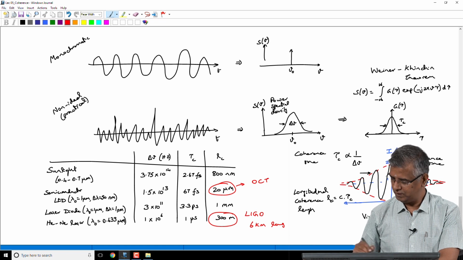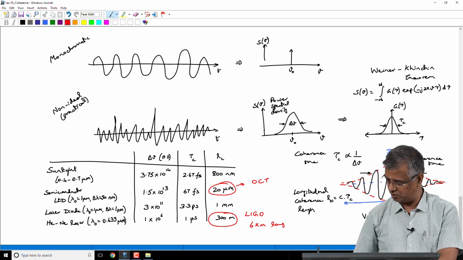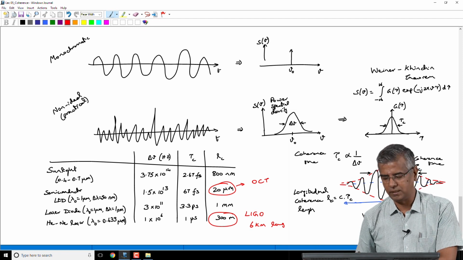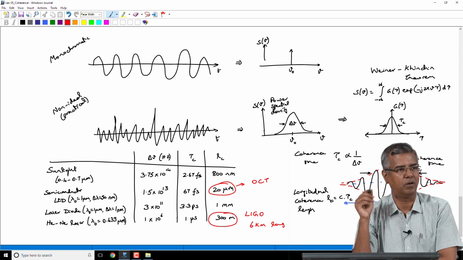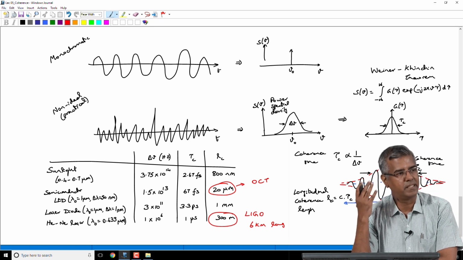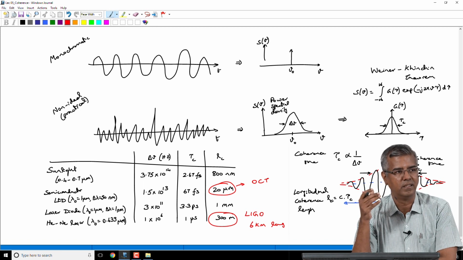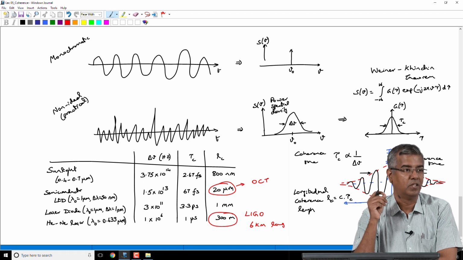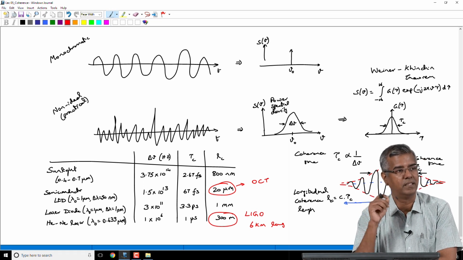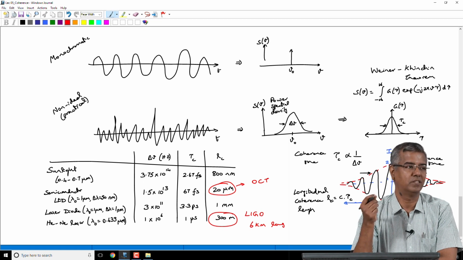Well, using optical coherence tomography, what you are trying to get to is a fairly accurate investigation of what is happening, let us say, in the eye. In the eye you want to look at every 10 microns, you want to take slices of 10 microns and see what is happening. So, how do you localize this investigation to 10 microns?